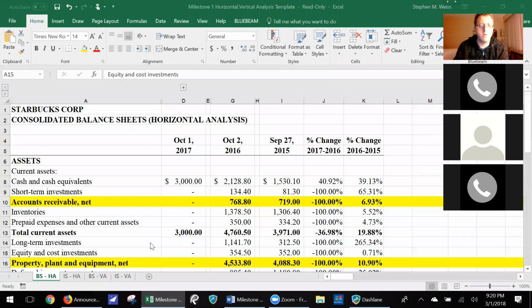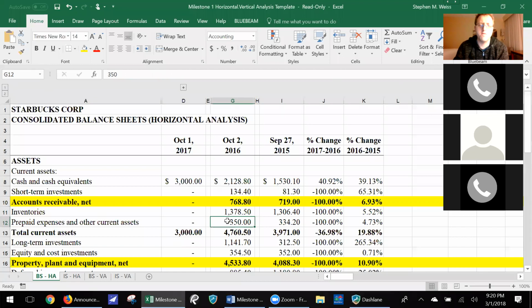What tab are you talking about? Different values in the BSHA tab, G through G12. Okay. So in 2016, you see different values there?